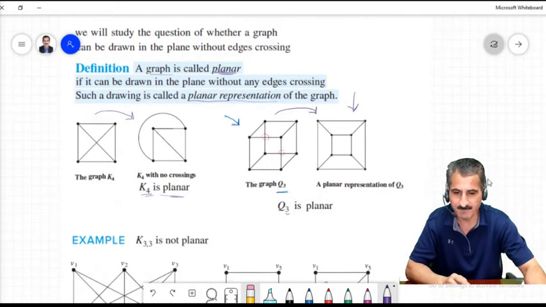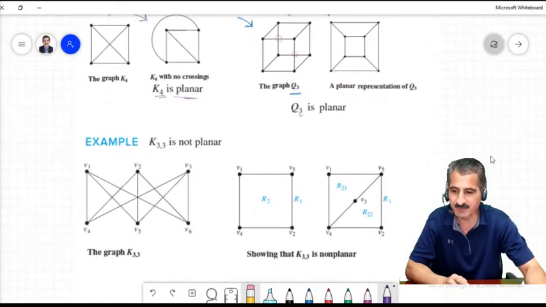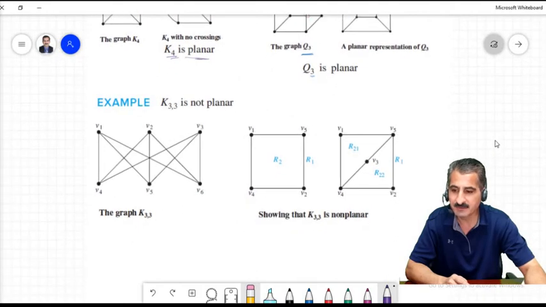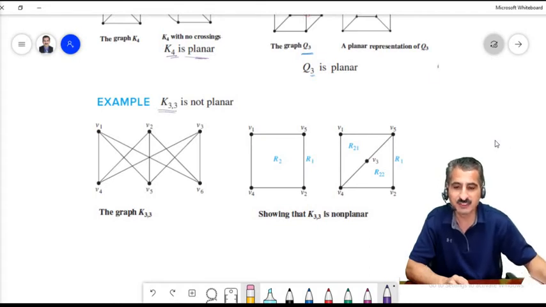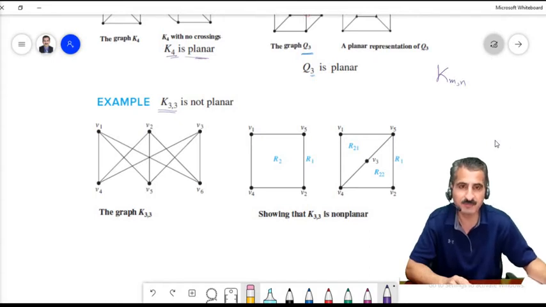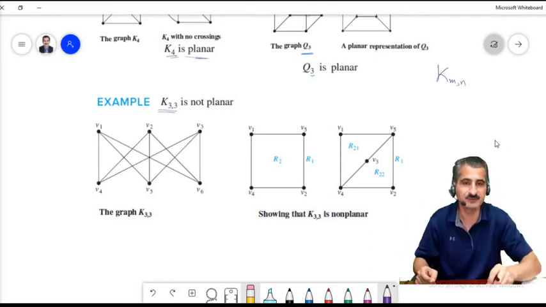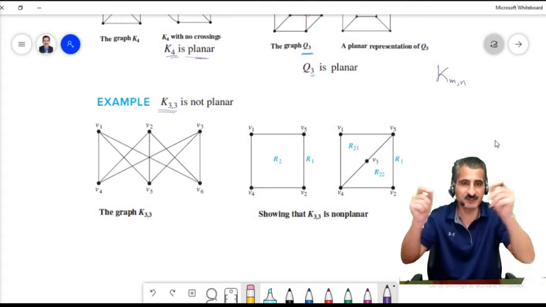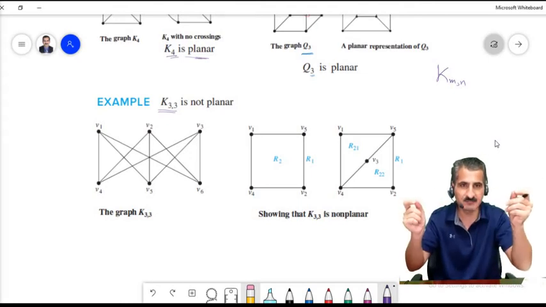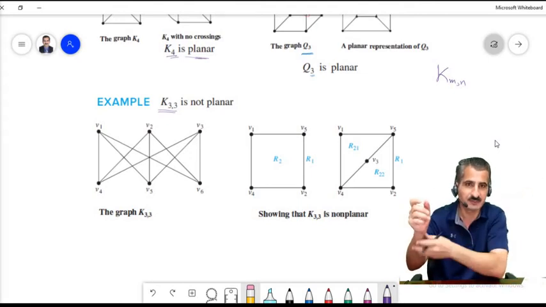Okay, and here's a graph that is not a planar graph, which is K3,3. Do you remember what that means? K_{m,n} is a bipartite graph from m vertices to n vertices, and it is a complete bipartite graph, which means any vertex in this set must be connected to every vertex in the other set.